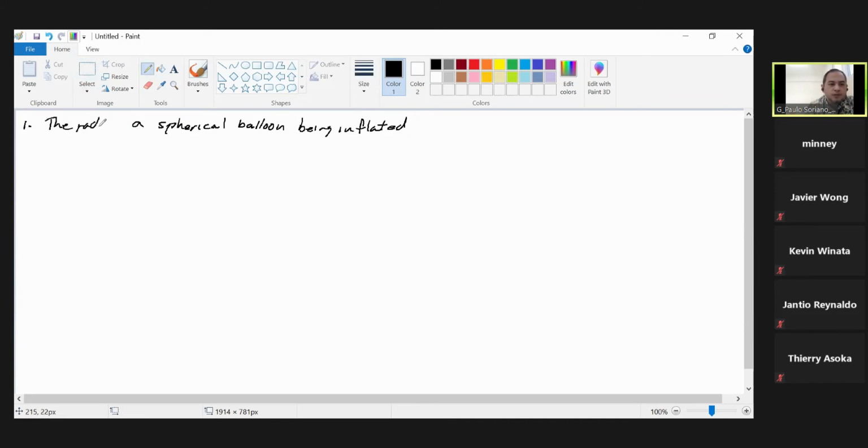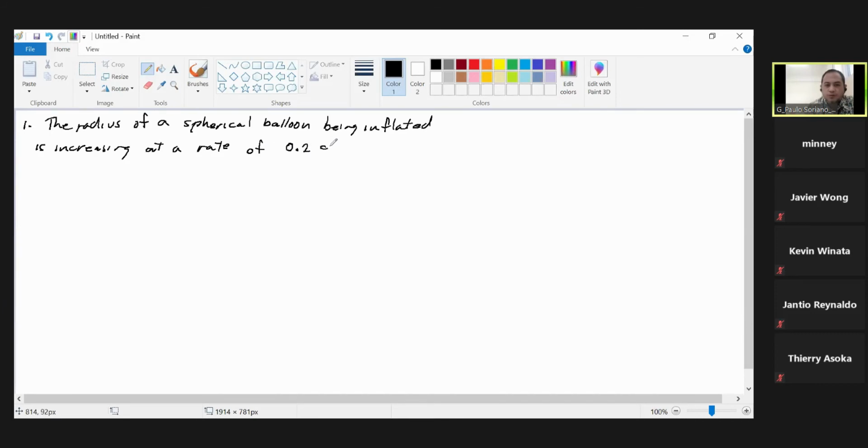So the radius of a spherical balloon being inflated is increasing at a rate of 0.2 centimeters per second.